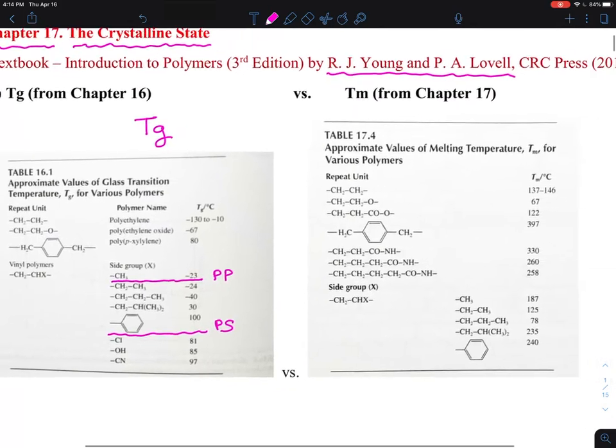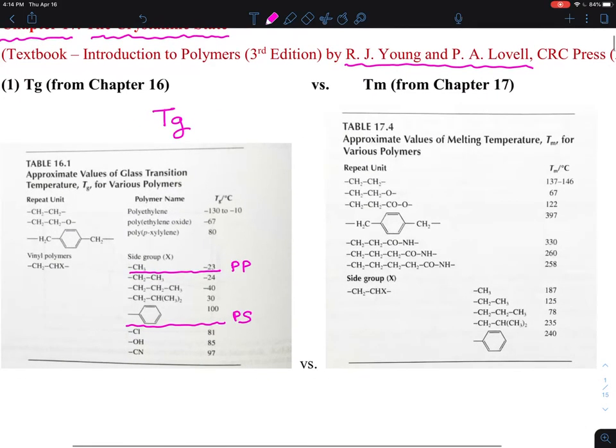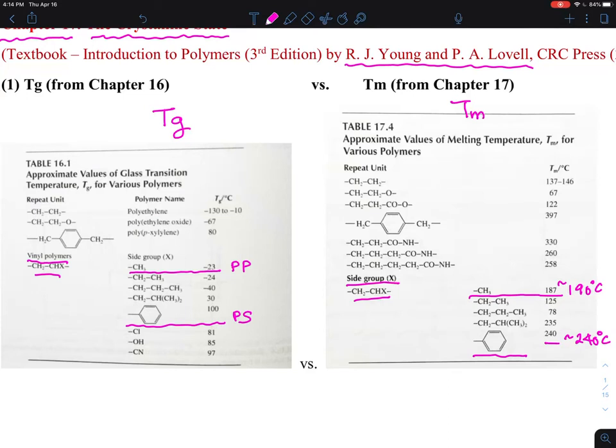If you go to the neighboring side, this is essentially the side group, the same as the vinyl polymers. If you look at polypropylene, the melting temperature is about 190 degrees C, right? And then if you go to polystyrene, it is about 240 degrees C. Okay, so the melting temperature is certainly higher than the Tg, and that has always been the case.